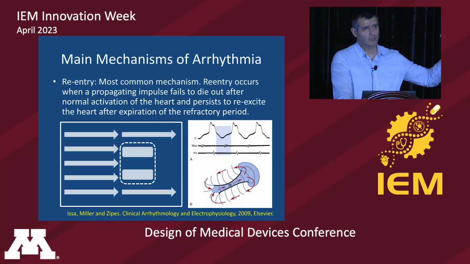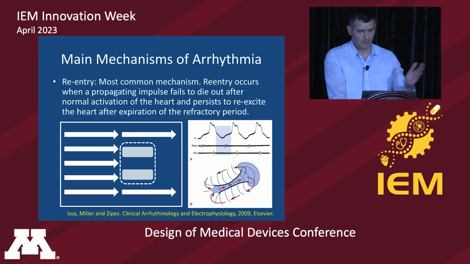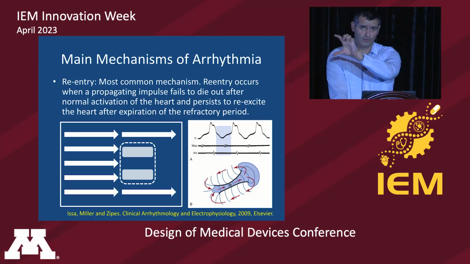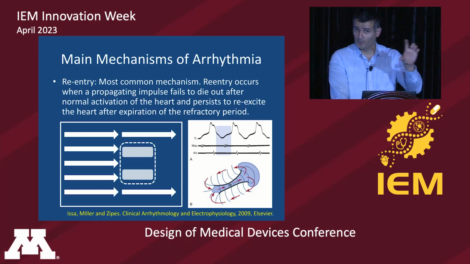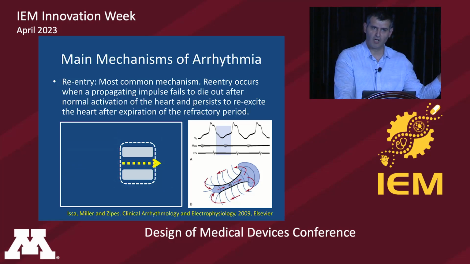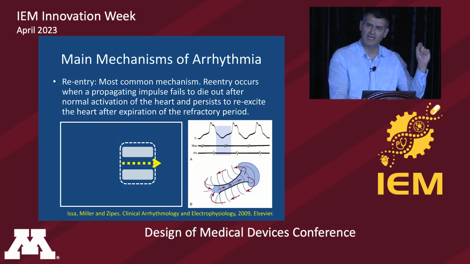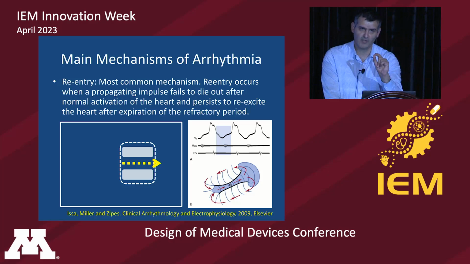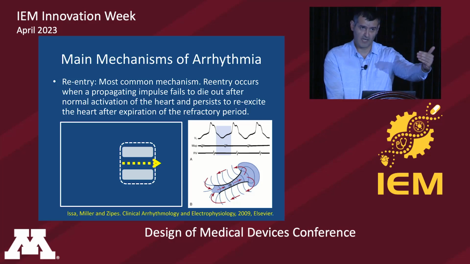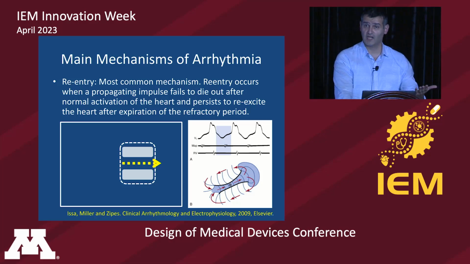So if an impulse moves from the left to the right, it will go around that scar area. It will propagate at the normal speed. However, as the rest of the heart has already activated and finished, that little sleeve is still being activated at a much slower velocity. And now if it exits that scar at a time when the cells on the other end of the scar are ready to be activated again, it will generate another impulse.